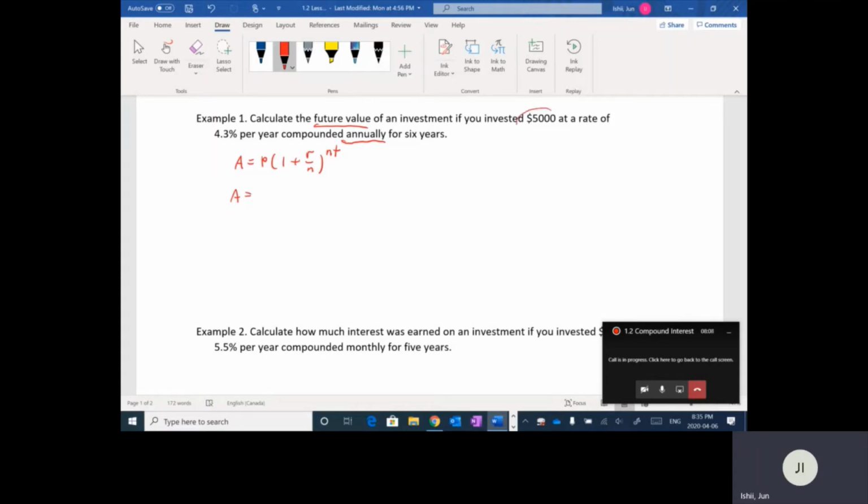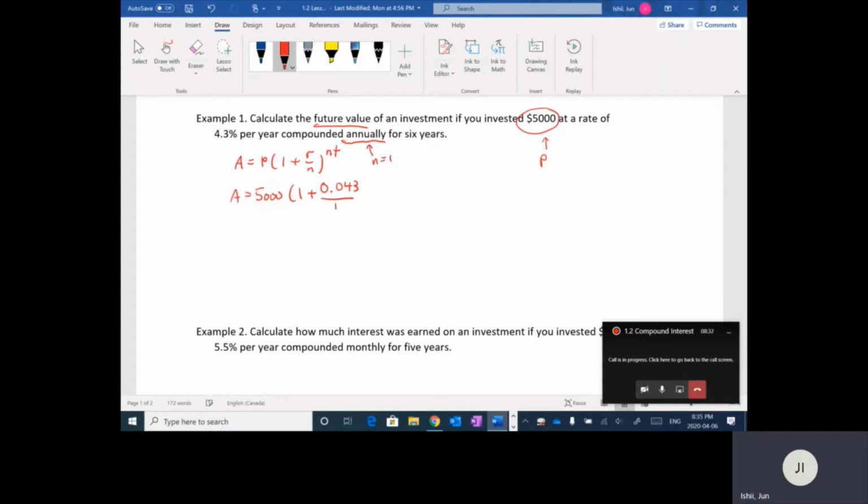If you invested $5,000, this is the principal, so that's 5,000. The rate is 4.3%, but we need to write that as a decimal. And since it's compounded annually, n is equal to 1.